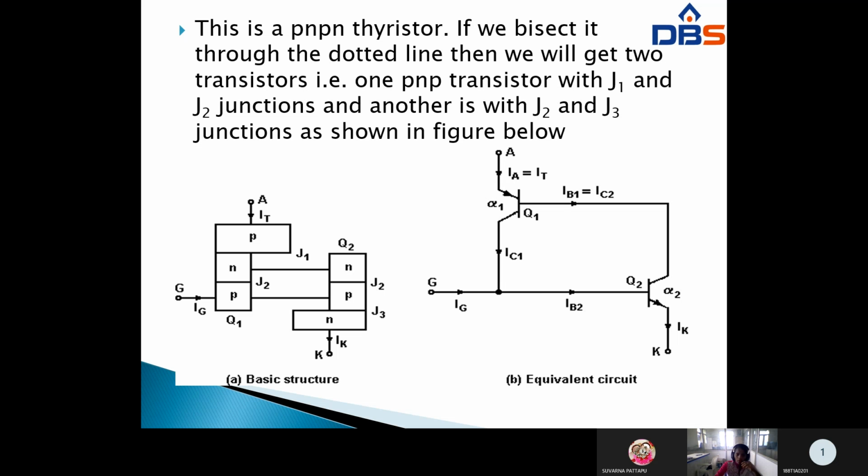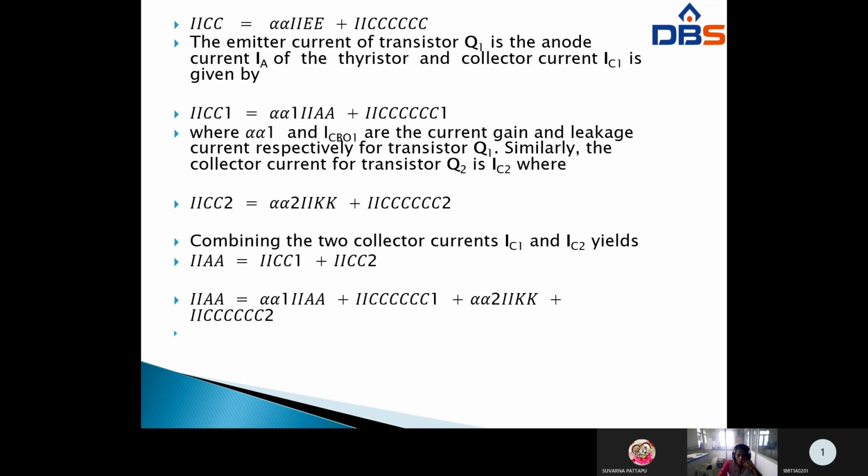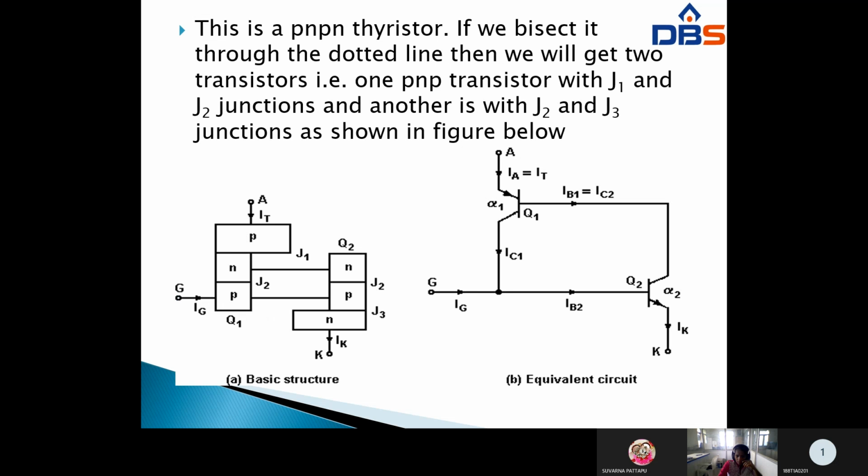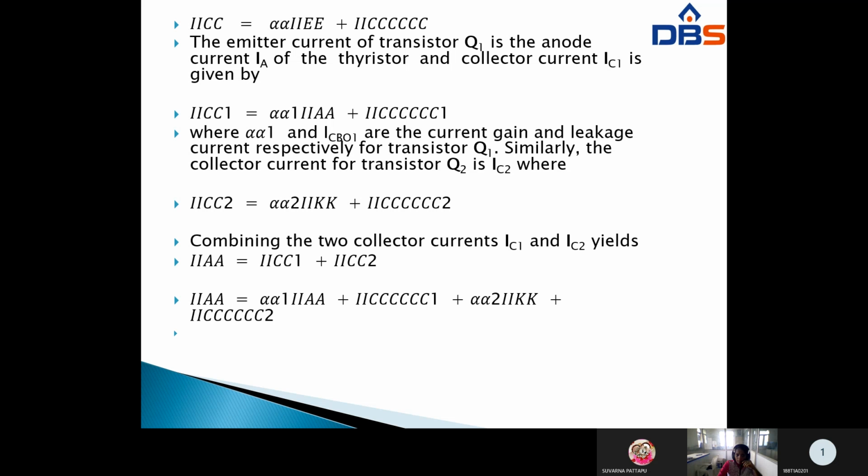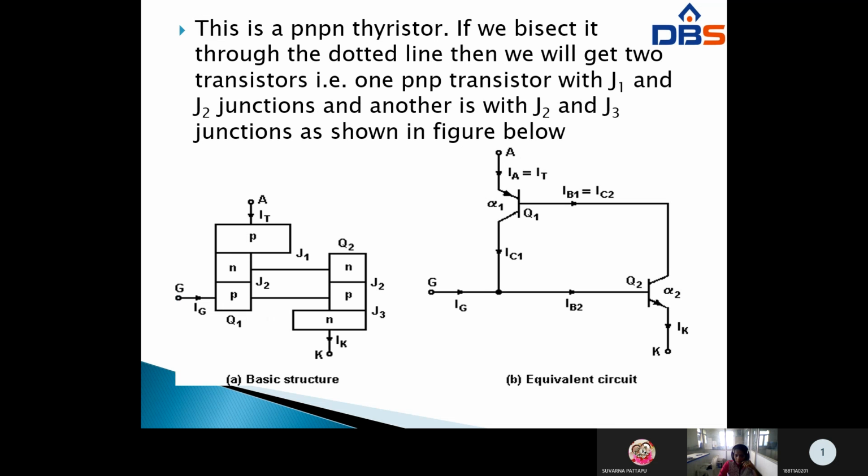Okay. So when we calculate, IC equals alpha IE plus ICBO.